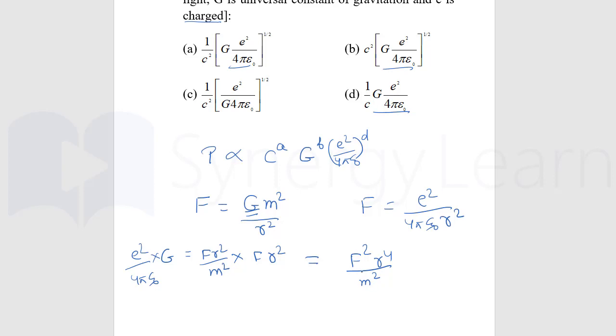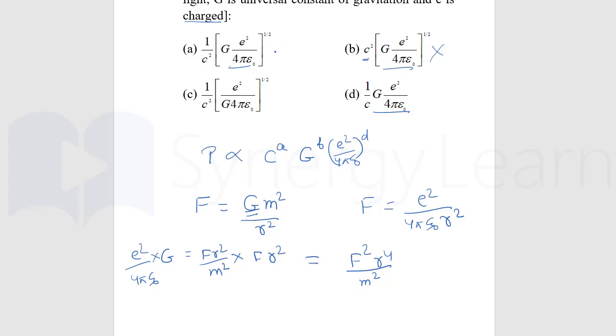Because length is asked, we should not have mass here. But we have an R^4. So we need speed of light in the denominator here. Because if we have speed of light in the numerator, like in the second option, then the power of R will further increase. And in the denominator, we should have the square of speed, because then only the power of R will reduce.